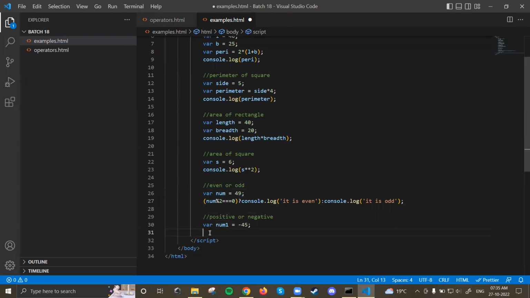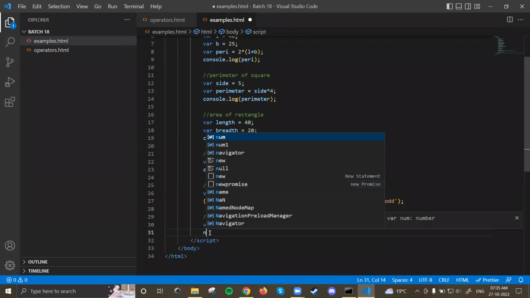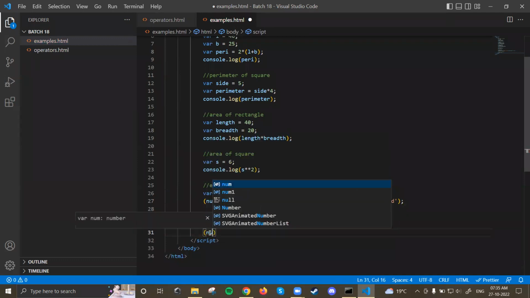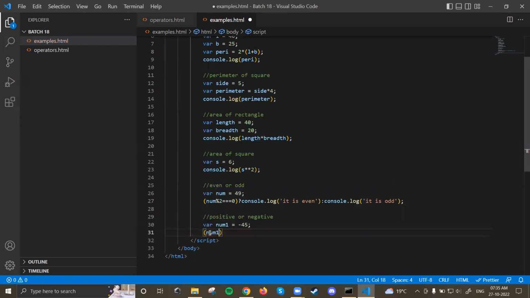Okay, fine. Now here num1. So the condition will be num1 greater than 0. This is the condition, num1 greater than 0.